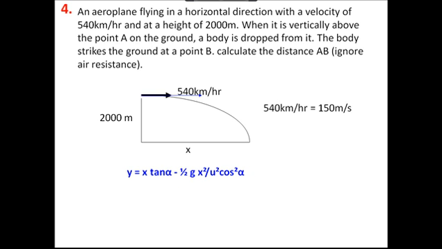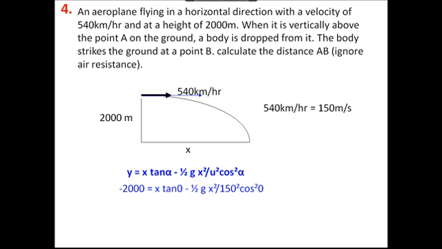Now equation of the path. Equation of the path is y is equal to x tan alpha minus half g x square upon u square cos square alpha. We can apply this equation, provided we remember that point of projection is the origin, which is 2000 meter above ground. Therefore, while substituting, we put y is equal to minus 2000.